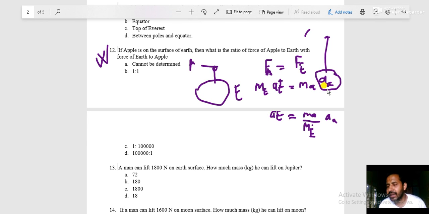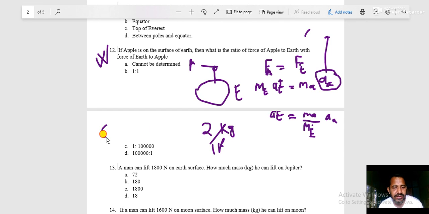The acceleration of the apple we can calculate. Let us think it is 10 meters per second squared, something like that. The mass of the apple is just 2 kg. It means it is a bigger apple; we can't even find an apple of 2 kg, or 1 kg. But think about the mass of earth.